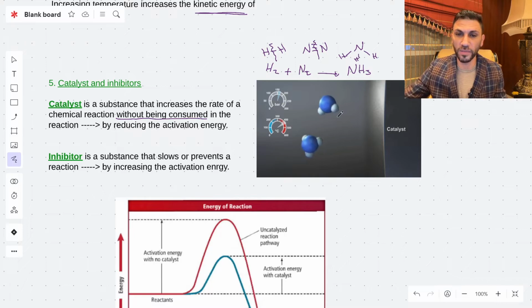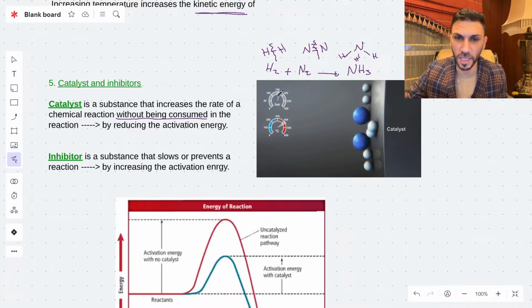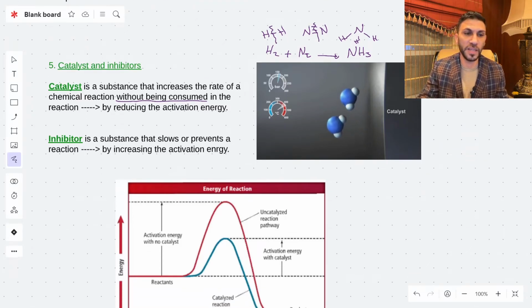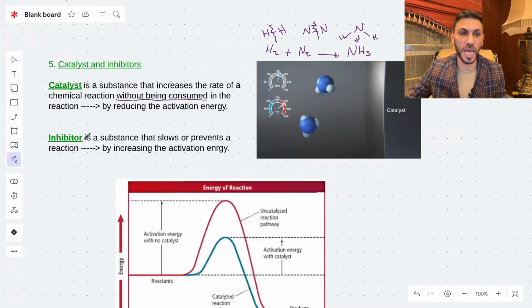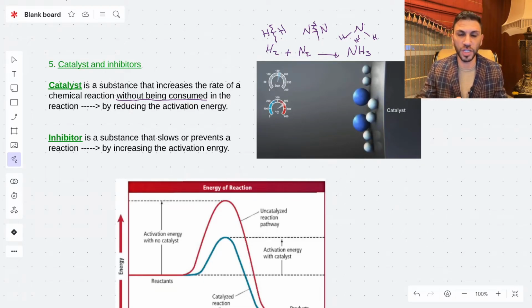So now we have two molecules of NH3. And see, here we need 150 bar, and here we need less temperature with the catalyst. The inhibitor is the opposite. An inhibitor is a substance that slows or prevents the chemical reaction by increasing the activation energy.